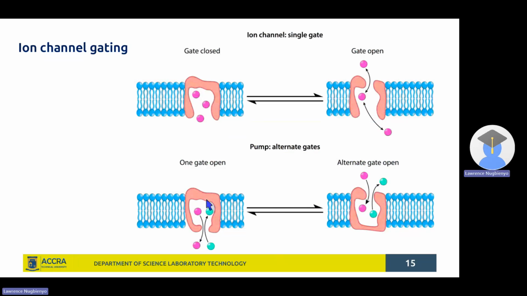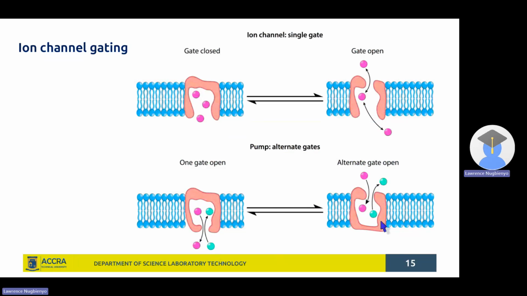And you see that when you have one side of the gate closed, you have the other opened. So you can have a transport of substances coming from the other side, maybe from the top, that gets into the transport proteins embedded in the membrane and through to the other side.